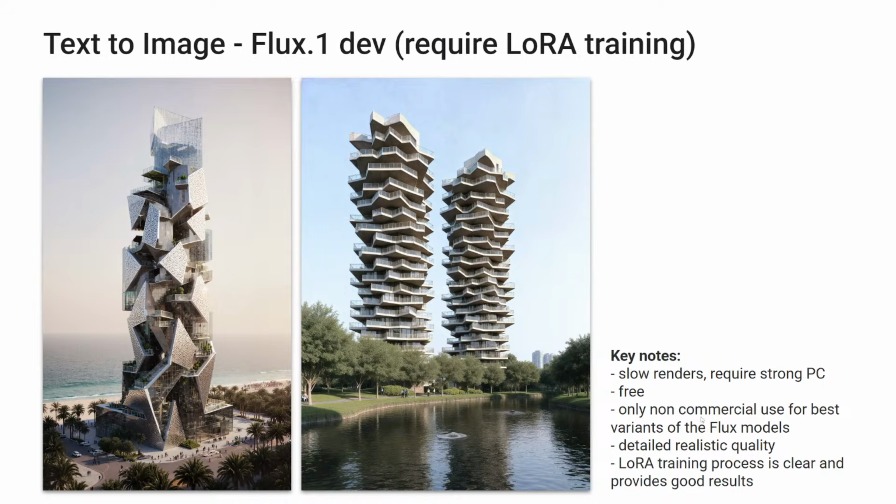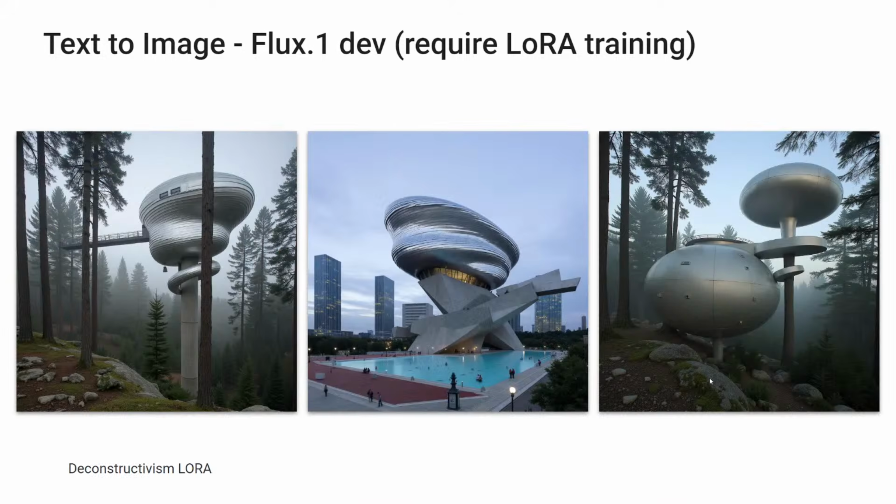So you always need to check licenses for Flux because it's not always possible to use inside your office, let's say. This is the other result with the Flux models.